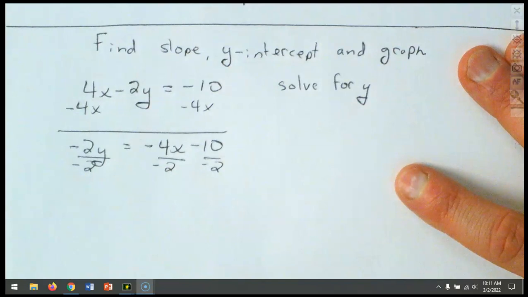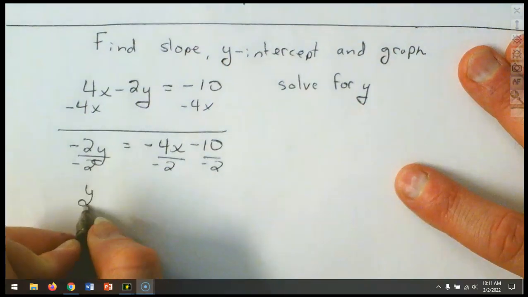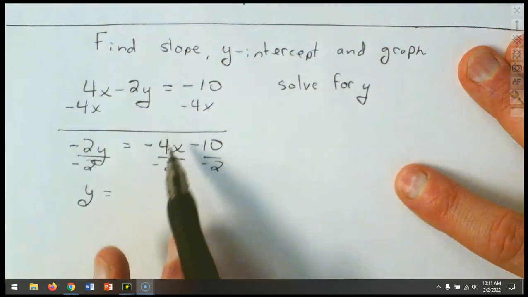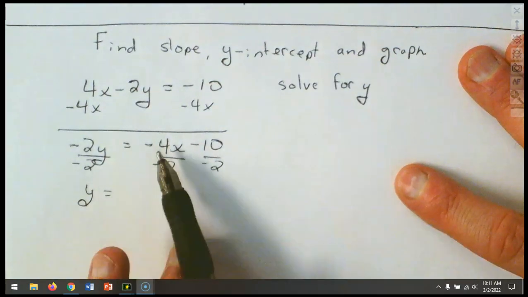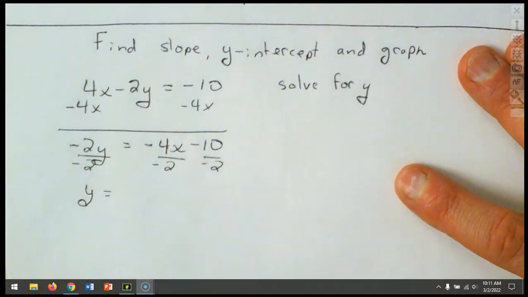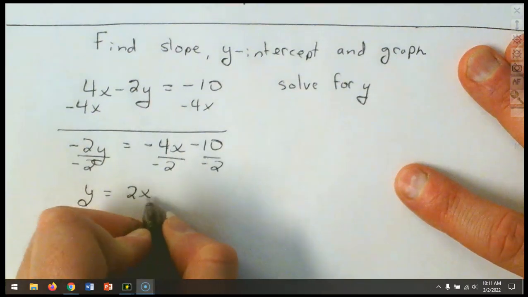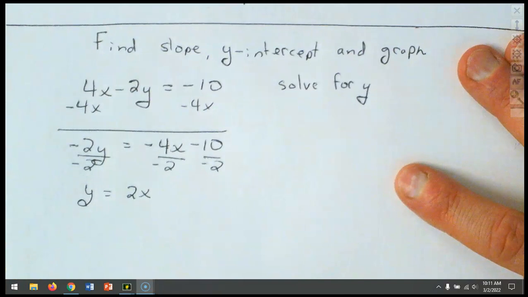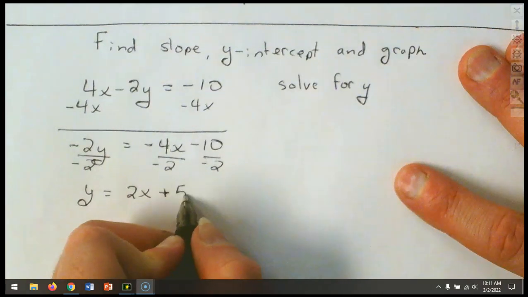And now we've got y equals, and you reduce your fractions if possible. Minus 4 divided by minus 2: negative and negative makes it positive, 4 divided by 2 leaves you with 2. Minus 10 over minus 2: negative over negative again makes it positive 5.